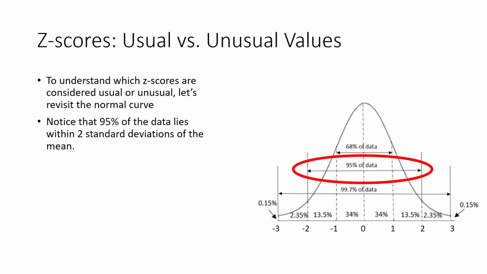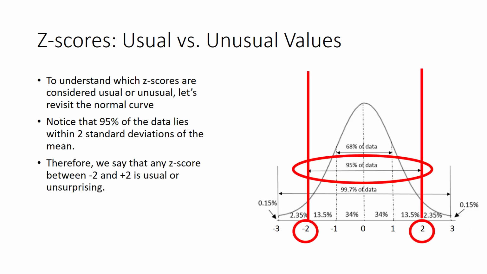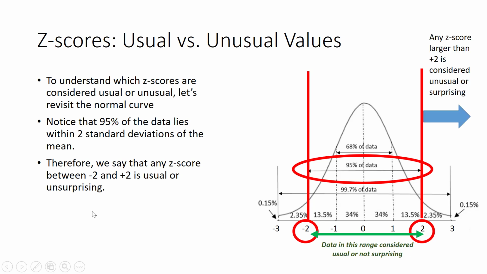So realize that 95% of your data is between positive and negative 2 standard deviations. In other words, 95% of the data lies within 2 standard deviations of the mean. So we say that anything in this middle 95% of our data is considered usual or not surprising. However, if anything lies more than 2 standard deviations to the right of our mean, we are surprised.